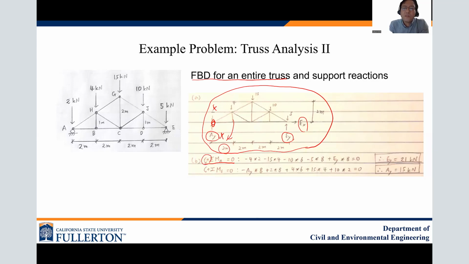Counterclockwise is positive, so there's a minus sign there. And then 15 times 4, the moment arm, clockwise, so there's a negative sign.